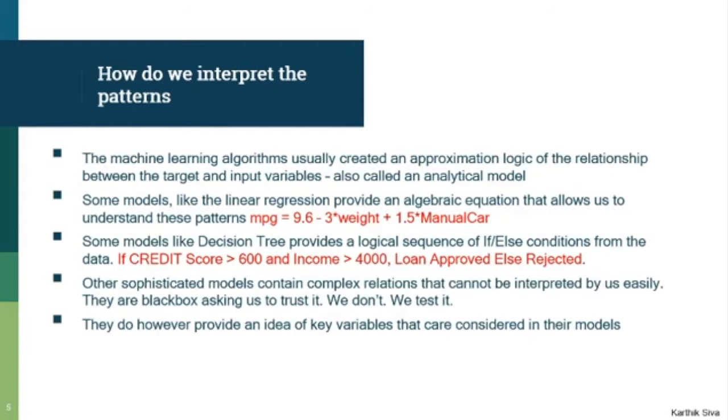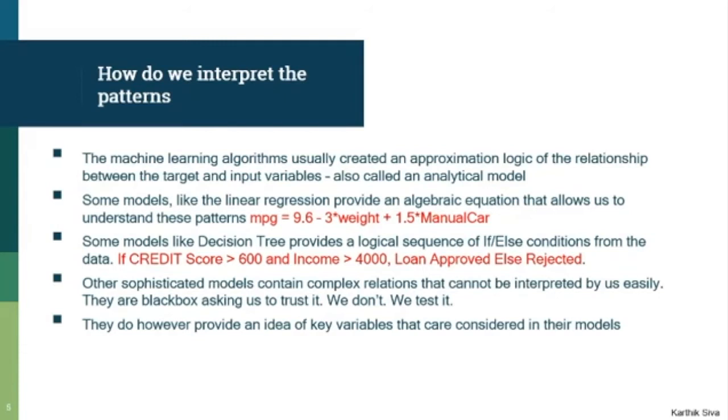Some of these analytical models might give you, for instance, a linear equation. This is an example of a linear regression. Now, we could interpret the answers based on it. So, if it gives you an equation like MPG is equal to 9.6 minus 3 into weight plus 1.5 into manual car, I could interpret it like this: for every ton that I add to the weight of the car, the mileage will come down by about 3 miles per gallon.